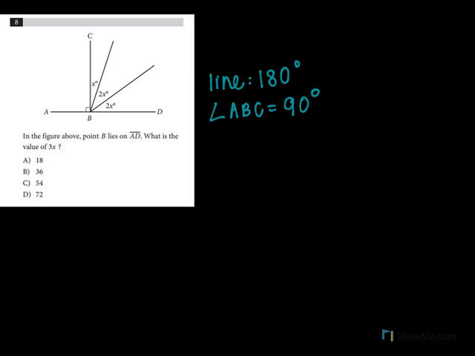So basically, since a line is 180 degrees and ABC is 90 degrees, and basically all the other x variables are on the other side of the 90 degrees, we can just subtract that 90 degrees to make it more simple. So obviously 180 minus 90 degrees is 90 degrees. So basically now we know that this portion would sum up to 90 degrees.